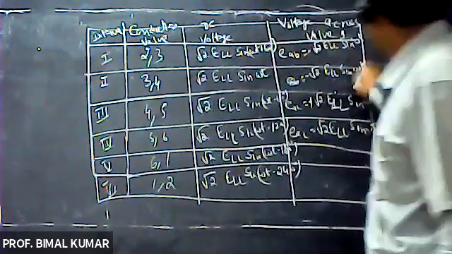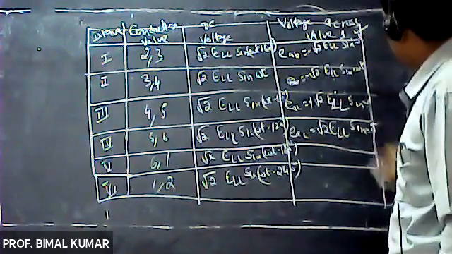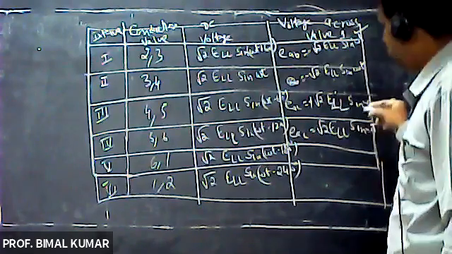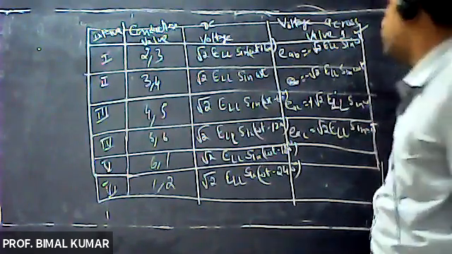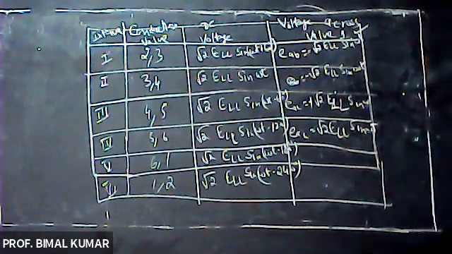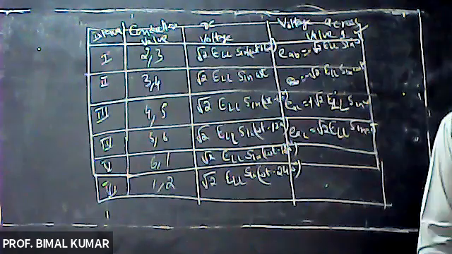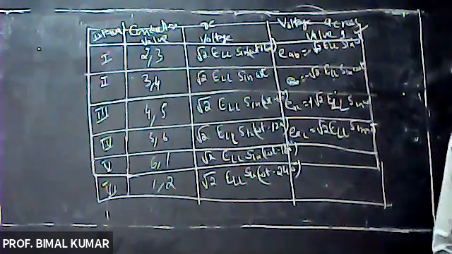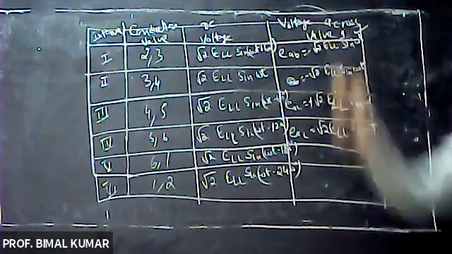During the first interval, there will be negative voltage available across valve 1. During the second 120 degree interval, that means from 121 to 240 degree, the voltage across the valve will be positive with the same magnitude.